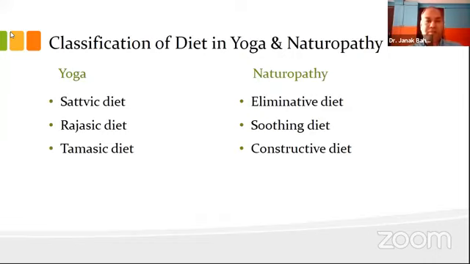Every system has its own approach of treating disease and boosting immunity, and in naturopathy and yoga we also have our own approach to dietetics and nutrition. According to yoga, diet is divided into three parts: sattvic diet, rajasic diet, and tamasic diet.